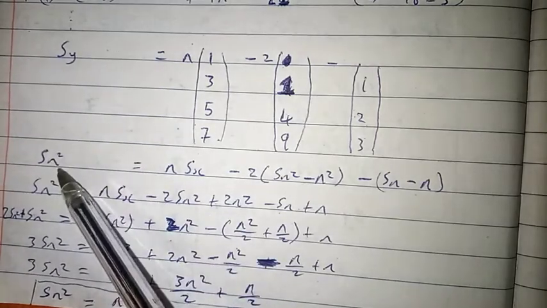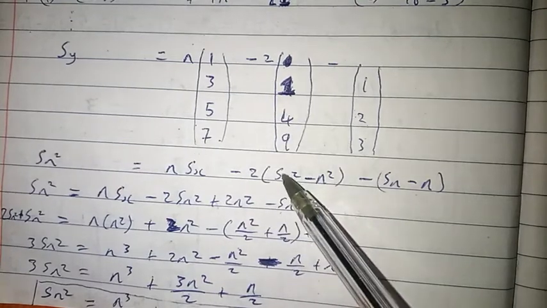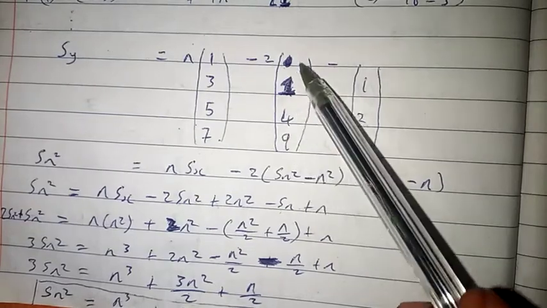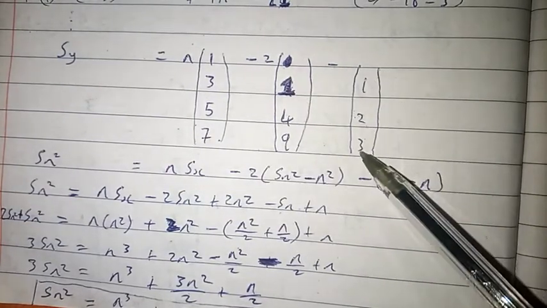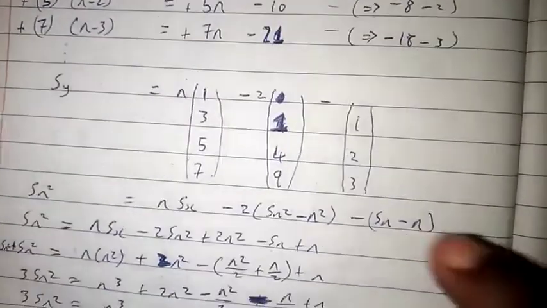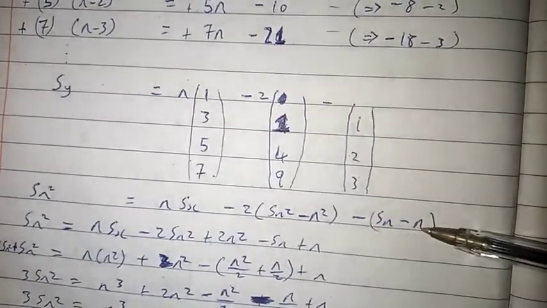Sy we know is Sn square, and then this is minus 2 into, this is Sn square but less the last term, since the last term will not be present in this sequence due to the position it starts. Similar to this is the sum of n, but because it starts one step less than n, it will be a sum of n terms but less that last term.